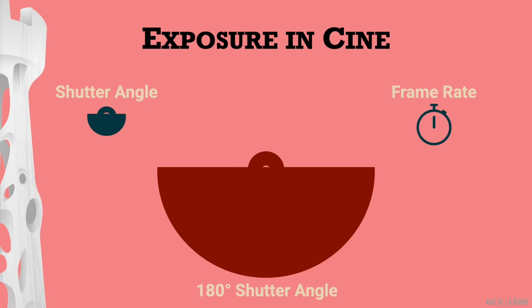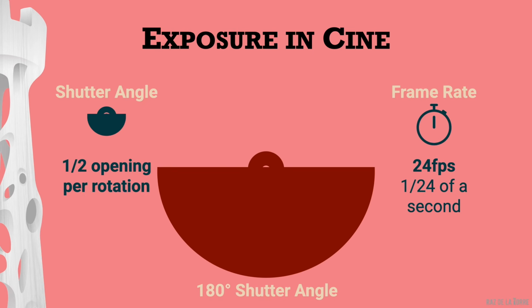The exposure time per frame is dictated by two factors: the number of full rotations per second, which matches the frame rate, for example, 24 rotations per second for 24 FPS, and the fraction of the disc that's open, the shutter angle. For example, a 180-degree shutter angle, which is the most commonly used, means half the disc is open.